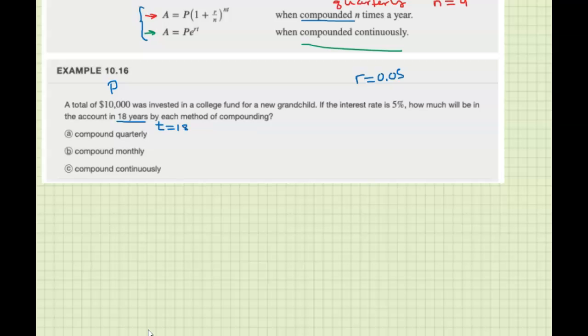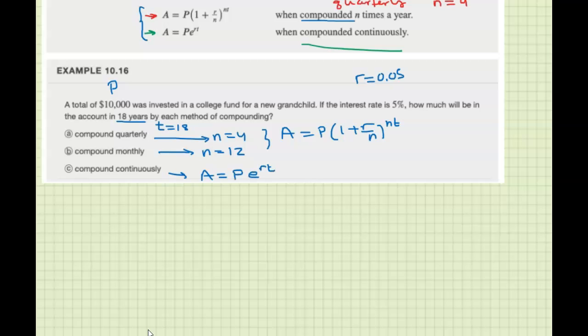Part A says we compound quarterly, so N equals 4. Compound monthly means N equals 12. The first two use the formula A equals P, 1 plus R over N, to the NT. And compounding continuously is going to use the second formula, A equals P e to the RT.